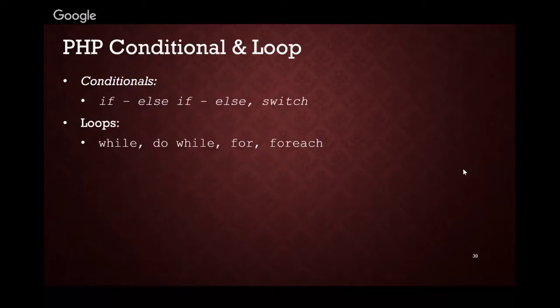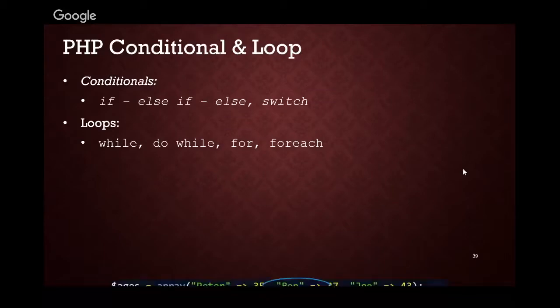Okay, so the conditional and loop will still be the same as in your Java or C. But later we'll see in the second part of this workshop that the if-else syntax in Ruby will be a bit different because they do not use else if. I think they still use else if, but it will be written as elsif instead of else space if.